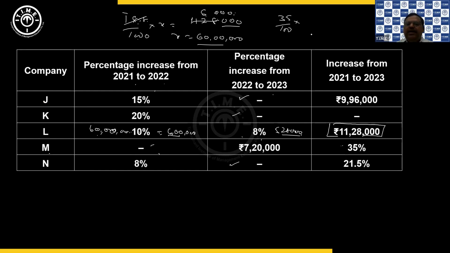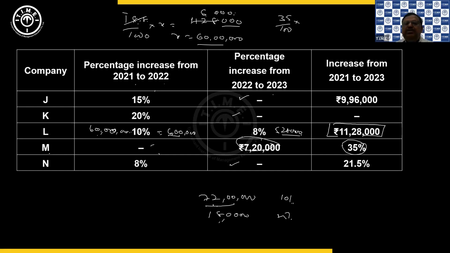You don't need to calculate it. I can say directly, 72 lakhs is there. Here 7 lakh 20 is, with respect to the base, 10%. But total 35% means it should have been 25% of this base. What is 25% of 72 lakhs? 1/4. 1/4 will be 18 lakhs.